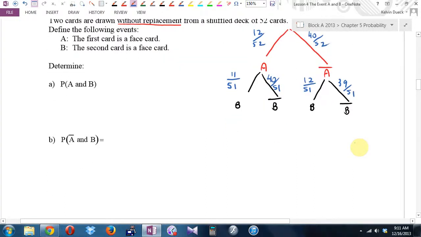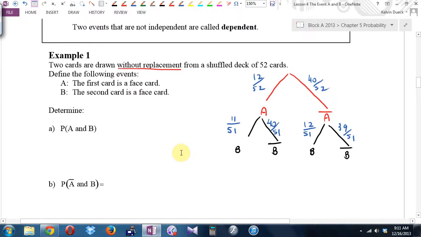What does part A want? Probability of A and B. That is going to be that branch there. What does and mean? It's going to be 12 out of 52 and 11 out of 51.